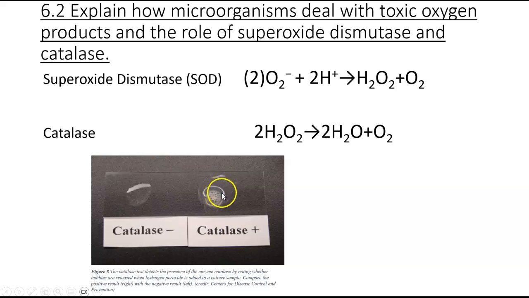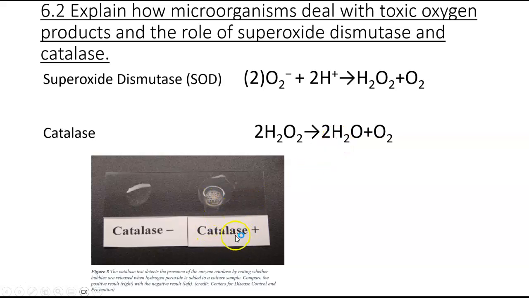In this one, what you see are bubbles. So this bacteria actually makes catalase. If you put hydrogen peroxide plus bacteria that have catalase, you're going to get water and oxygen. Oxygen's a gas, so when you take a gas and a liquid, you get bubbles.